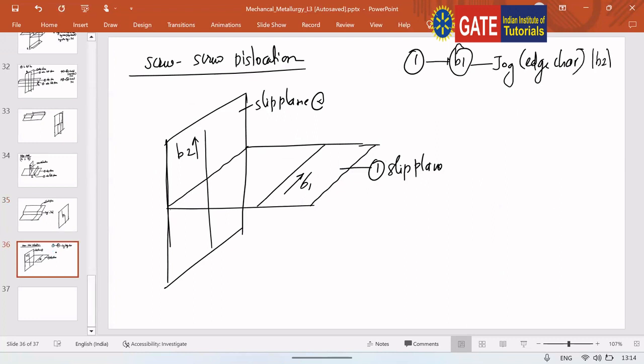Same way, the screw dislocation 2 with a Burgers vector B2 also undergoes a jog of edge characteristic, and the magnitude of that jog will be mod of B1. So basically, both jogs are happening.